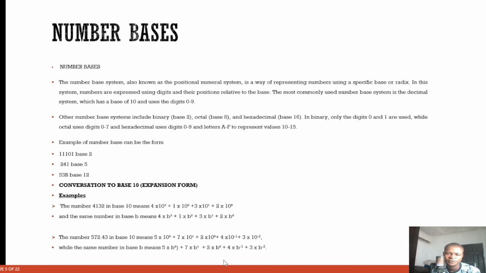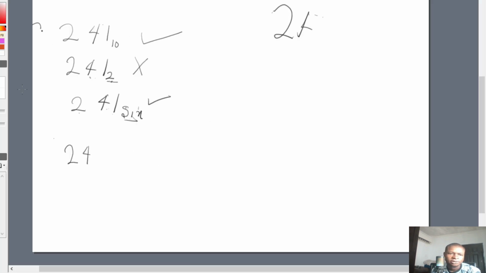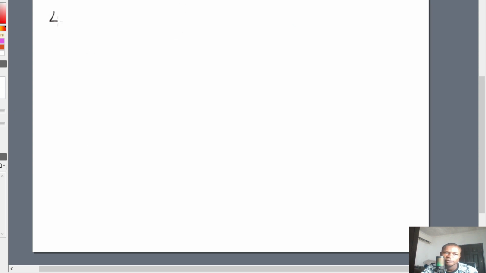So let me take you through how to use expansion form. Here I have 4132. So how do I go about it?